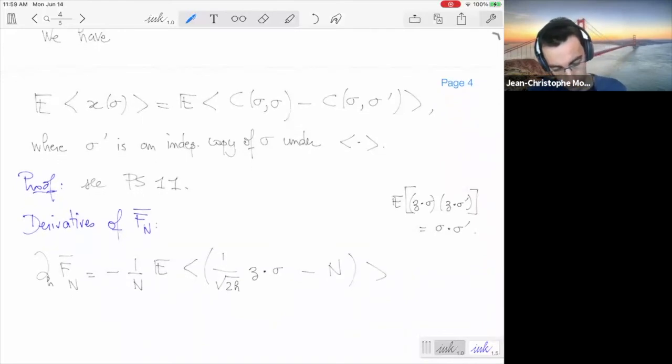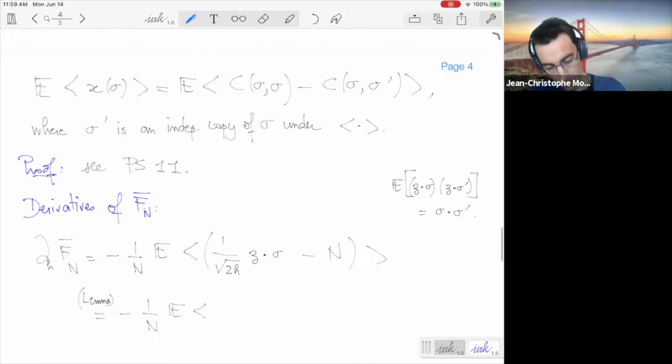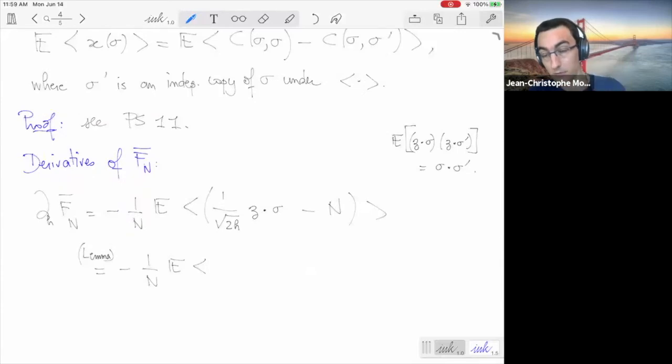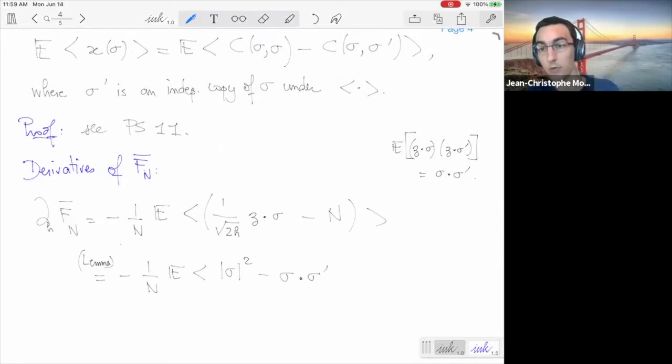So we apply the lemma, and we get minus 1 over n, expectation of sigma dot sigma minus sigma dot sigma prime. Anyway, the result of the lemma is displayed on the top of the screen right now. You see I have this c of sigma sigma minus c of sigma sigma prime, minus n.